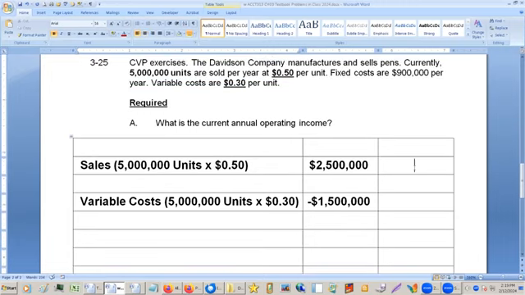So this is money coming in, money going out, and we'll also put the fixed cost going out.